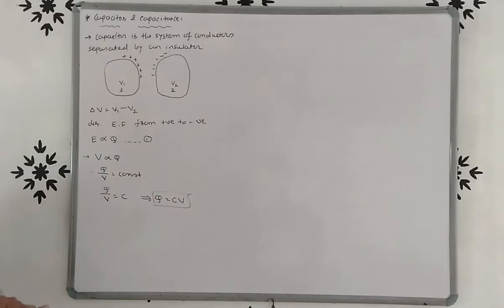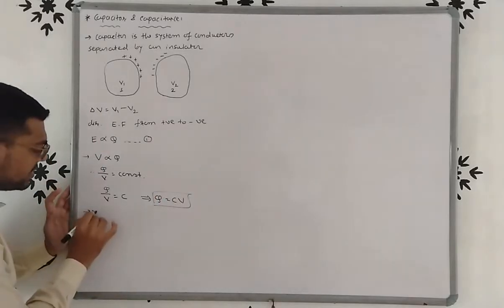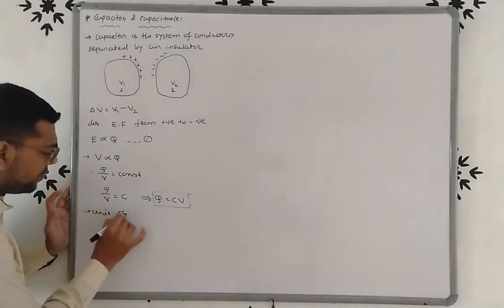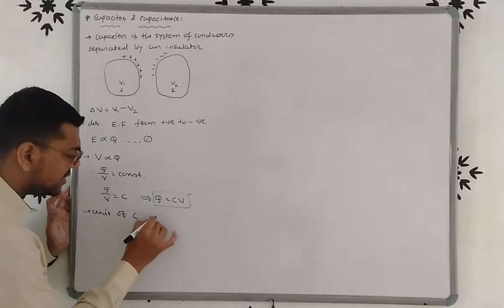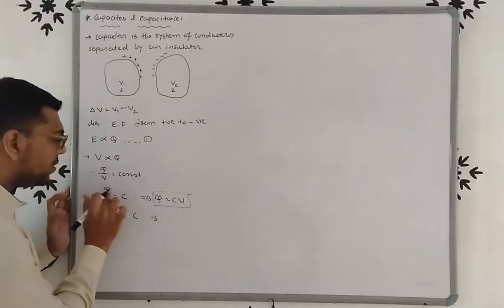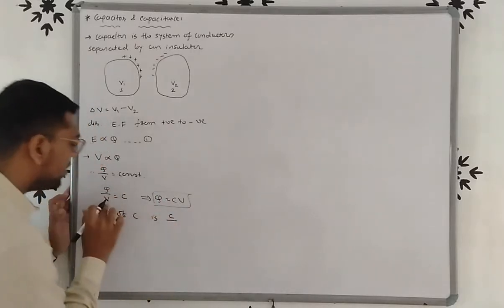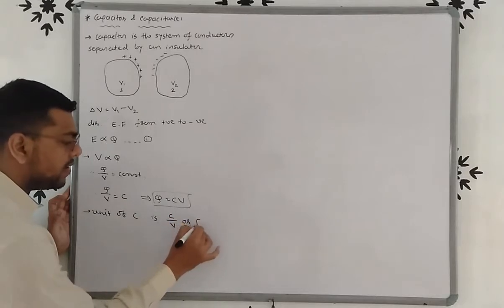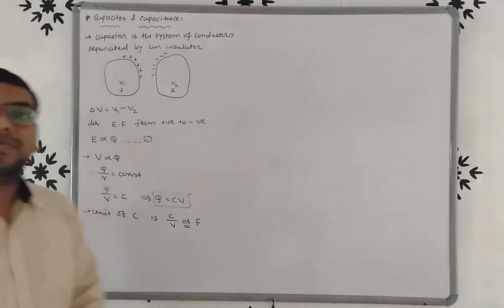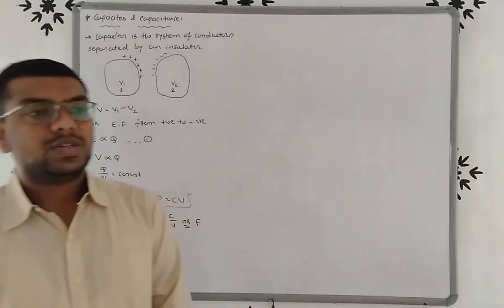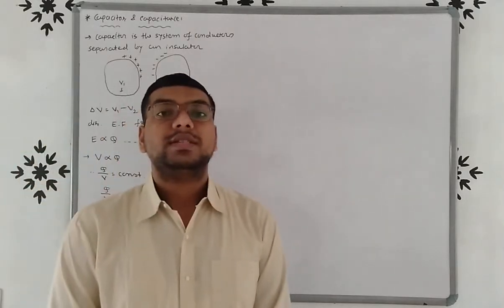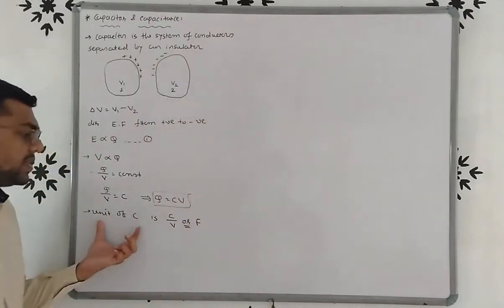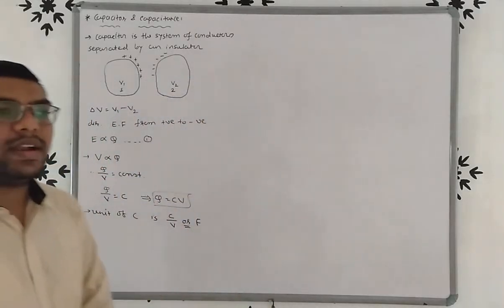Now what is the unit of capacitance? The unit of C, capacitance, is the unit of charge, that is coulomb, per potential, volt, or you can say capital F, Farad. So these are the units of capacitance, C by V or Farad.